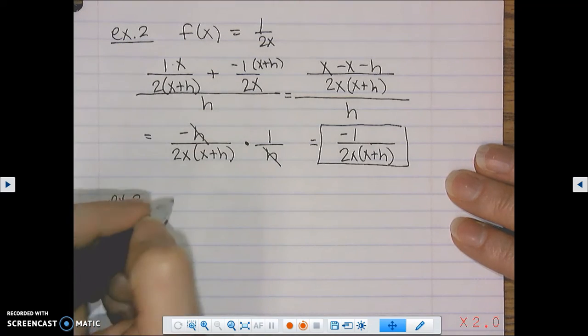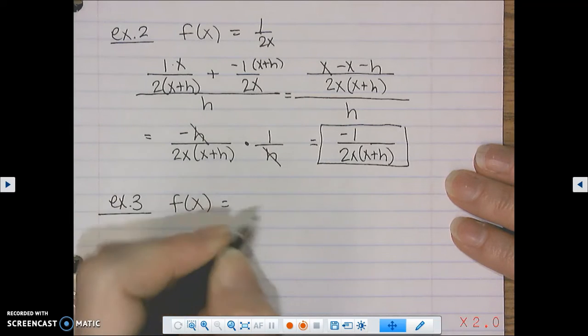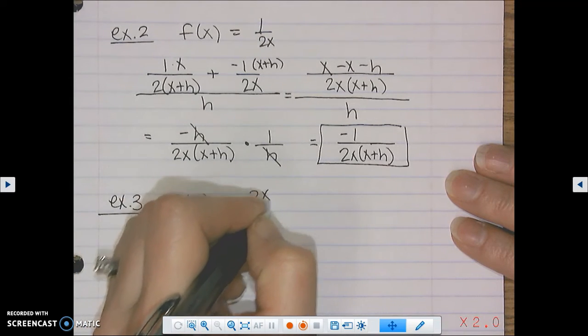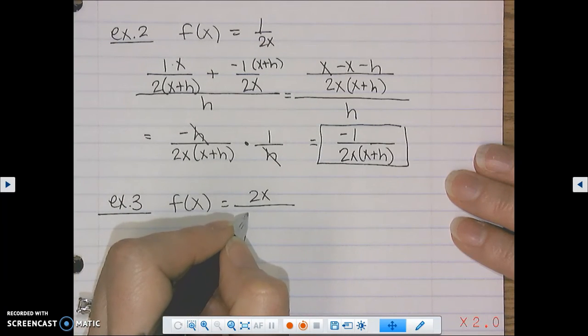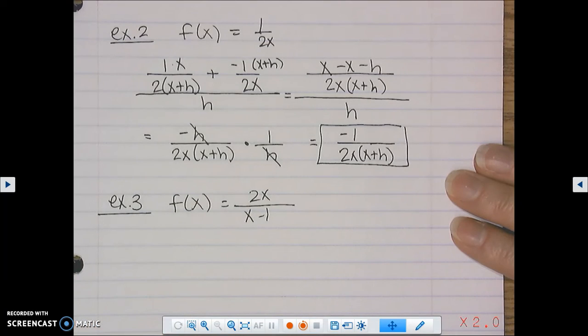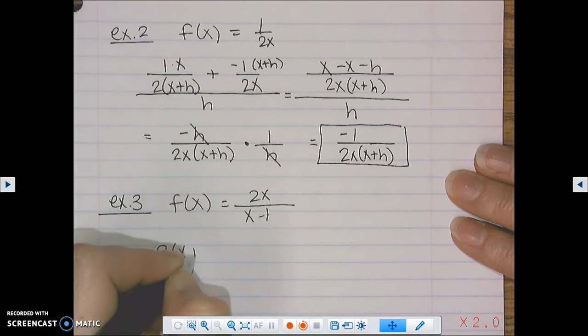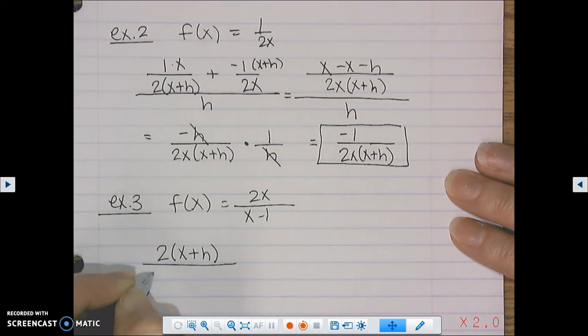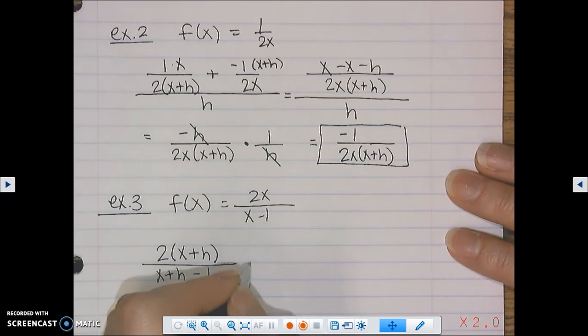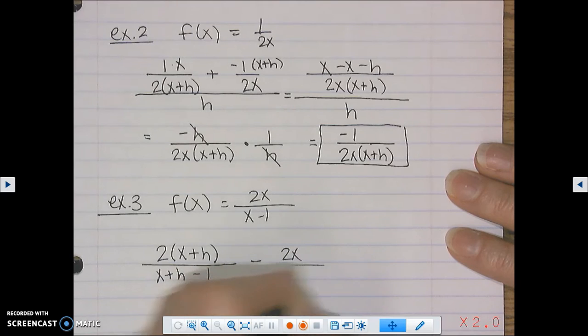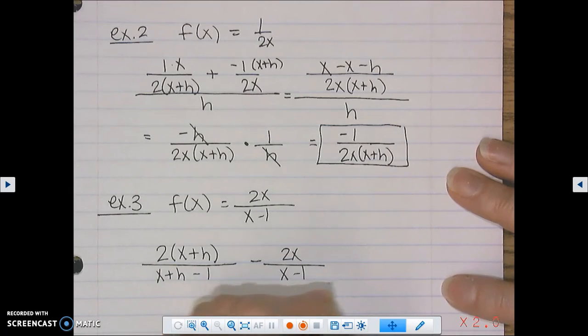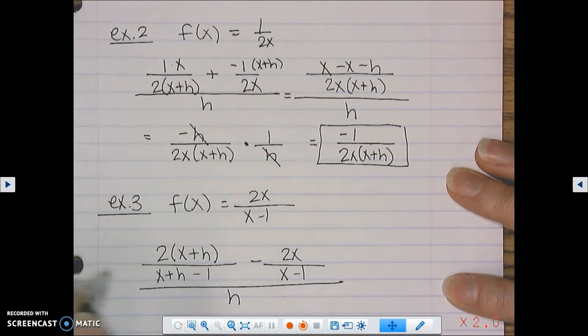Let's look at one more that has multiple variables in it as a fraction. So we have f of x equals 2x over x minus 1. Alright, so we're finding f of x plus h first. So that means that everywhere we see an x, we're going to plug in x plus h. We're subtracting the original function, and that's all over h.